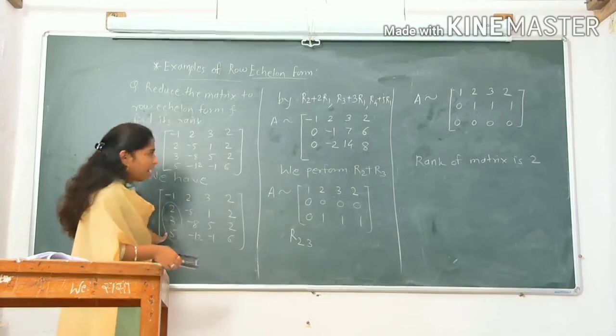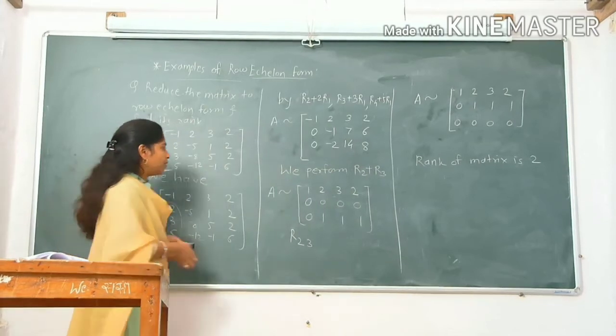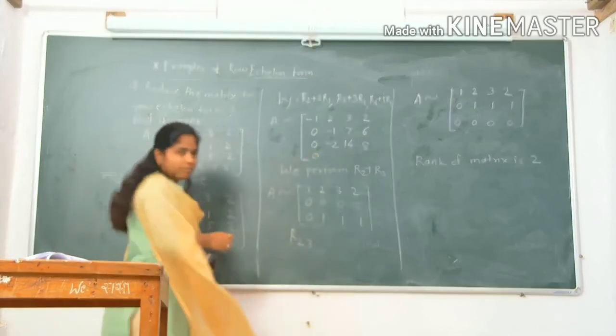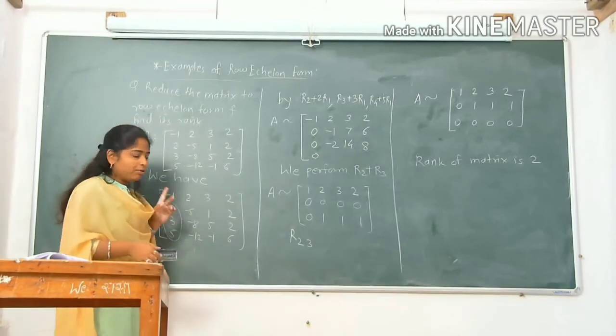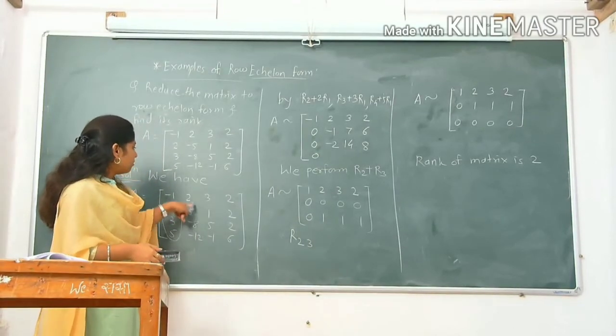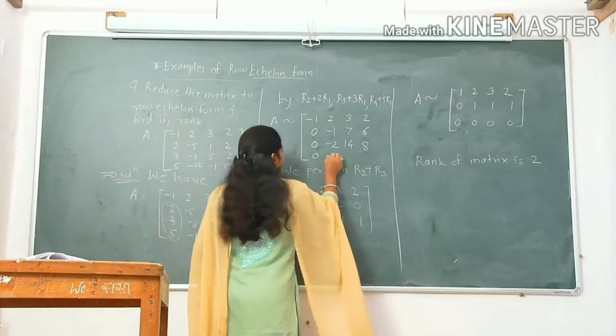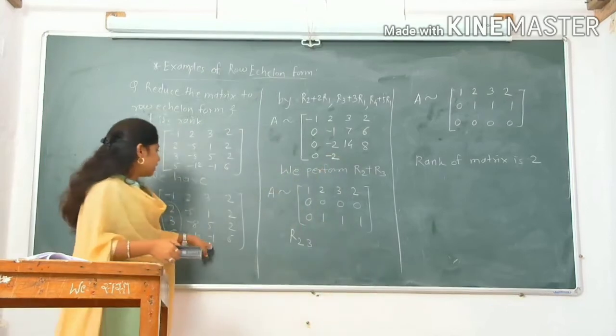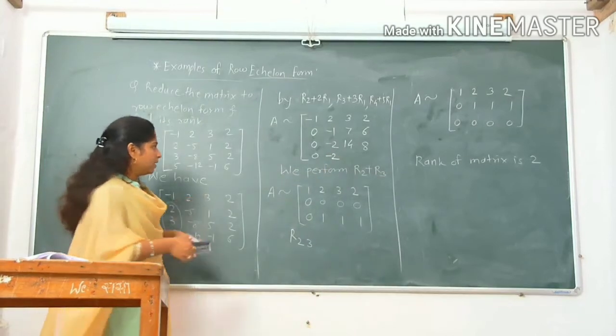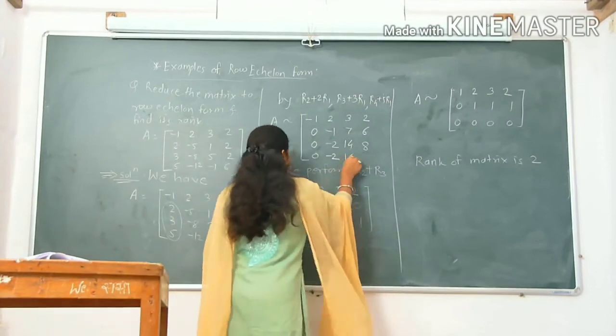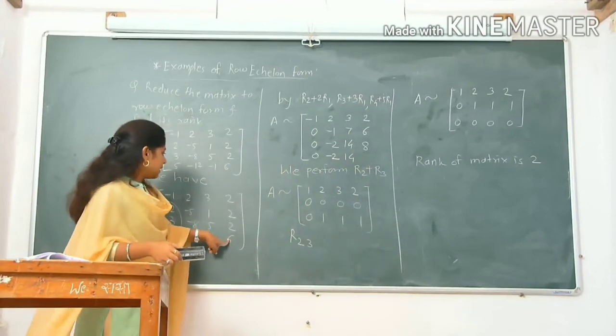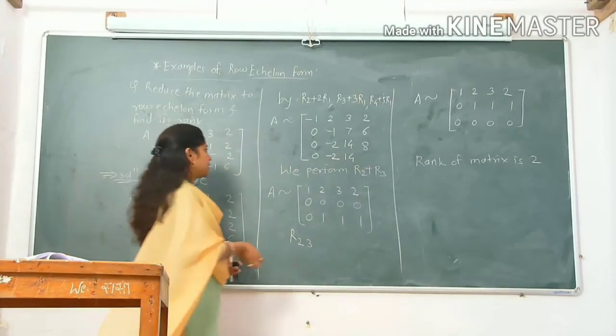Now 5 plus minus 5 is 0. Here we perform R4 plus 5R1. Minus 12 plus 10 is minus 2. Then minus 1 plus 15 is 14. And 6 plus 10 is 16.